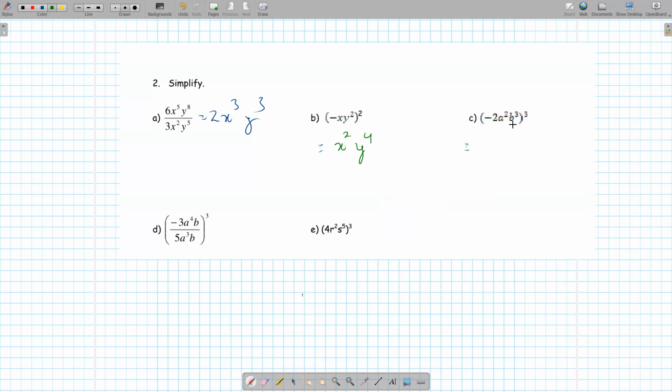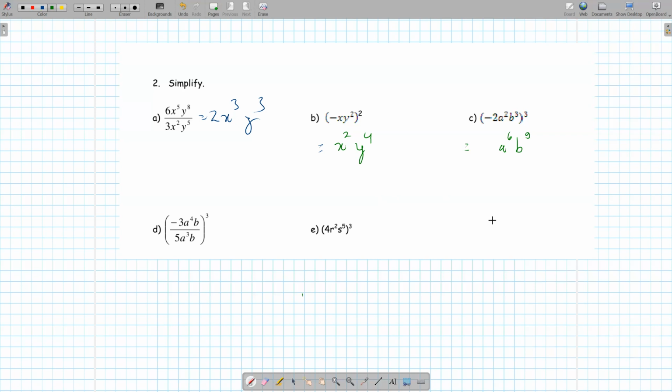Let me do another one. I'll give you one of them. B will be 9. What else is the answer to this? A to the power of 6. Yeah. What about the number? 4.